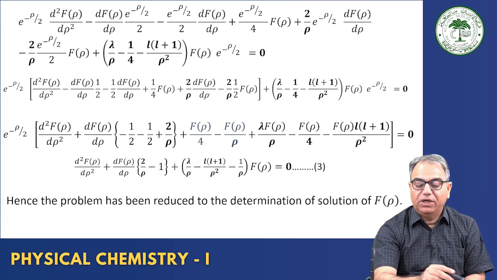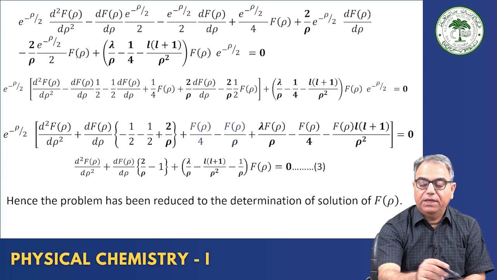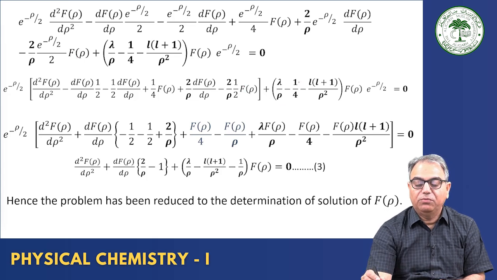Then you have minus 2 by rho into 1 by 2 f rho, and then plus lambda divided by rho minus 1 by 4 minus L into L plus 1 divided by rho square into f rho. So, this remains the same.